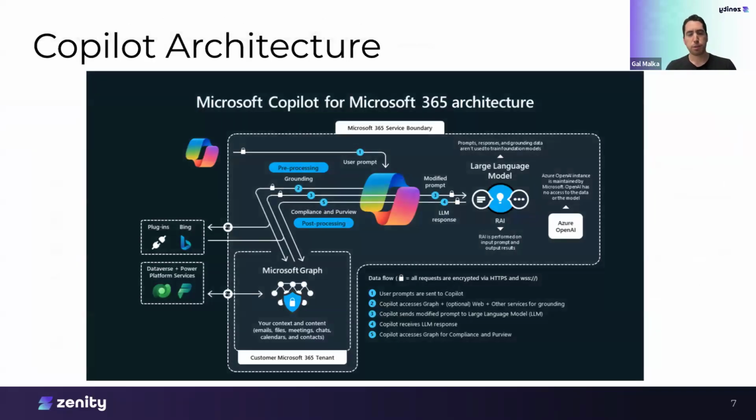Let's talk a bit about high-level architecture. Of course, we won't deep dive into the low-level architecture of copilots, but this is a reference architecture for Microsoft 365 Copilot, which is the enterprise Copilot offering by Microsoft. But any other Copilot by any other company should pretty much be based on the same architecture.